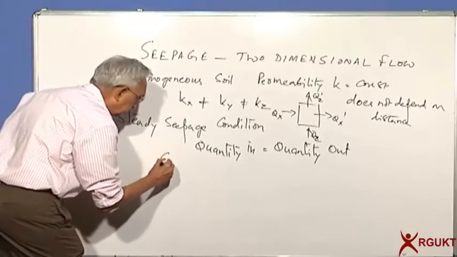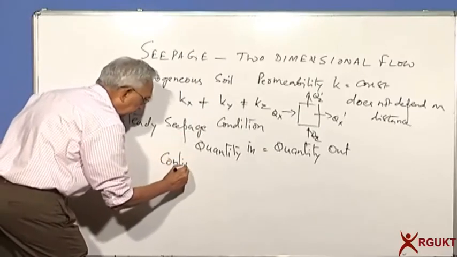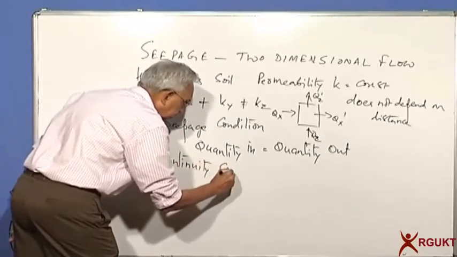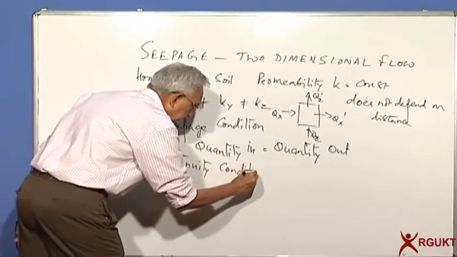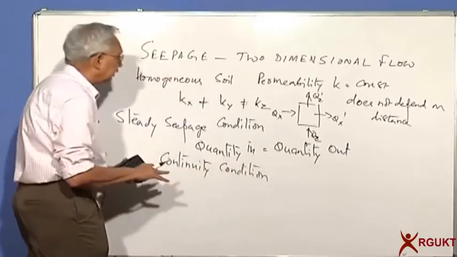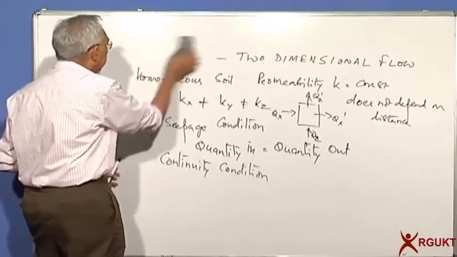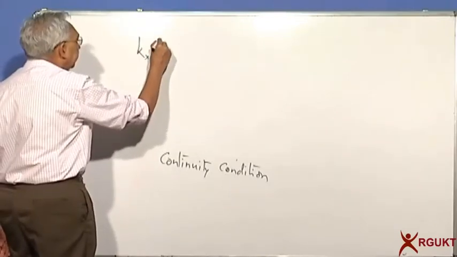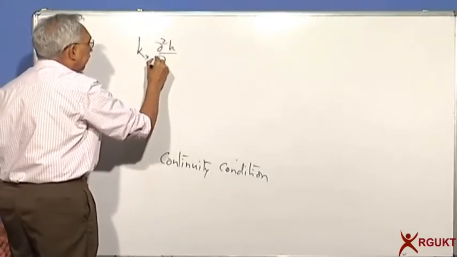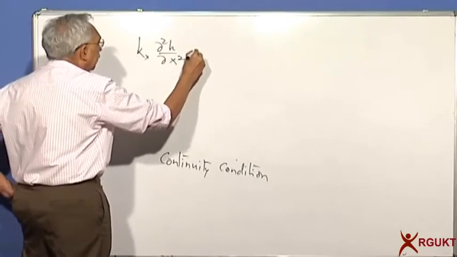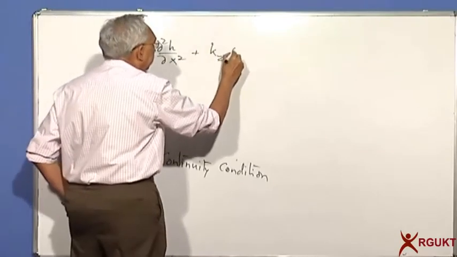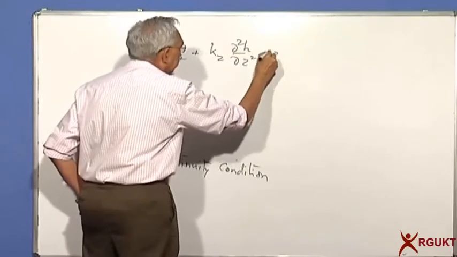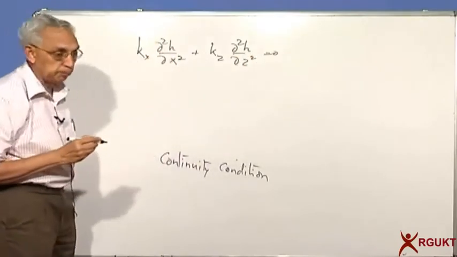So please remember, like in all fluid mechanics, the continuity condition is being satisfied, because of which we get the simple governing equation: Kx into the second derivative of the head or potential, ∂²h/∂x², plus Kz into ∂²h/∂z² is equal to 0 for a two-dimensional problem.